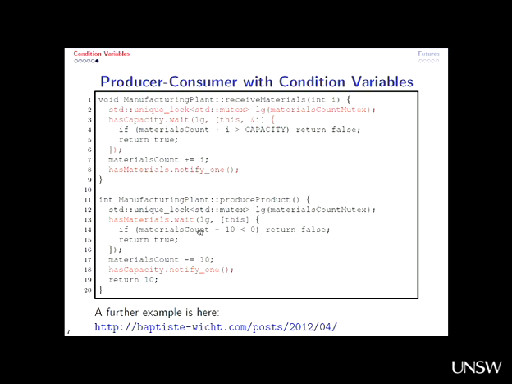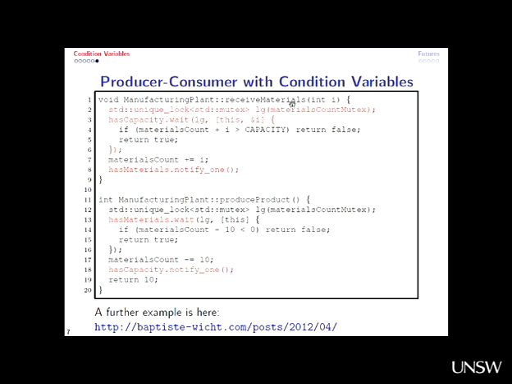We keep waiting. If we're in this hasMaterials wait and we don't have enough materials, we're just going to stay blocked on this line until we receive some stuff and hasMaterials.notify_one gets called, and then the condition becomes true and we keep going.